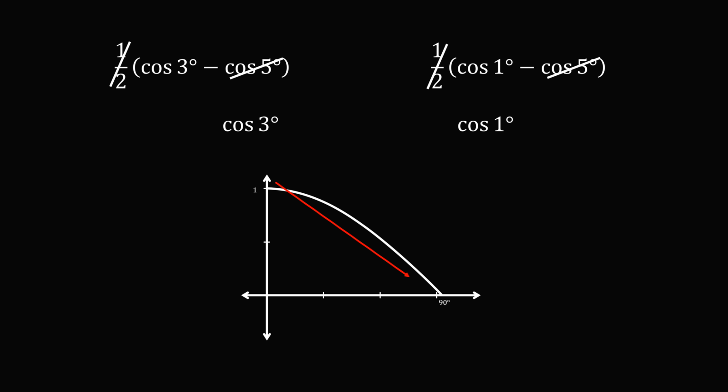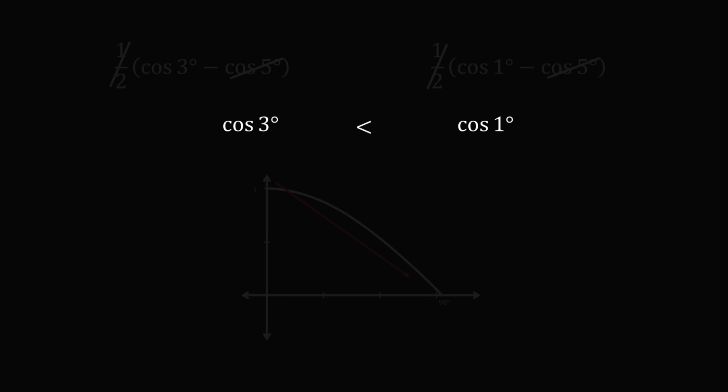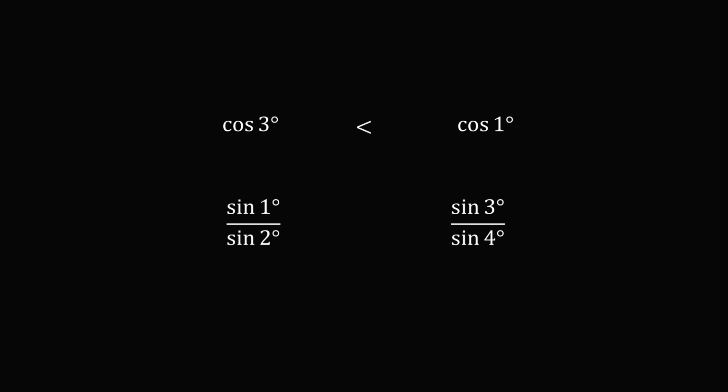Therefore, cosine of 3 degrees is less than cosine of 1 degree. So that means the left-hand side was smaller, and therefore sine of 1 degree divided by sine of 2 degrees is less than sine of 3 degrees divided by sine of 4 degrees. So that's one way to solve the problem.